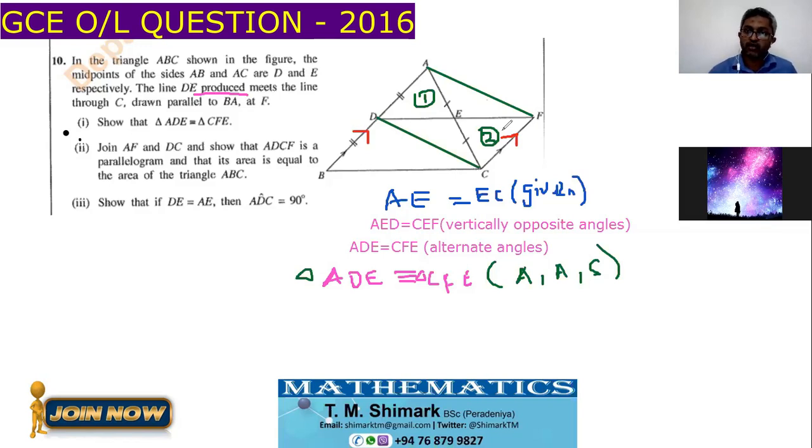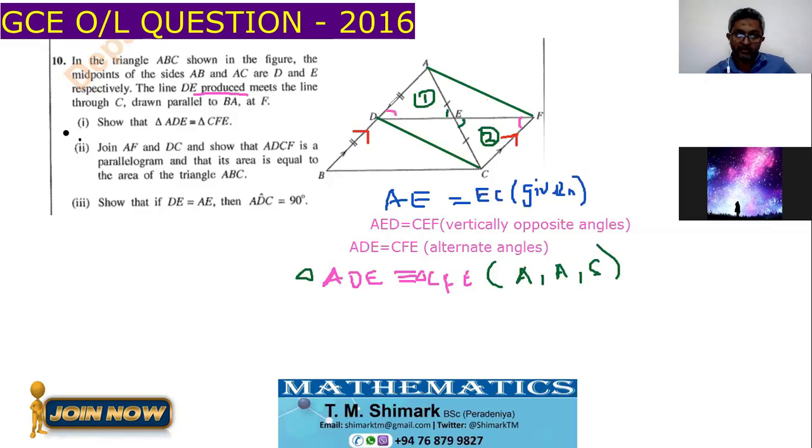If they are congruent, then all the corresponding elements will also be equal. We said this angle is equal to this angle, and this angle equals this one.